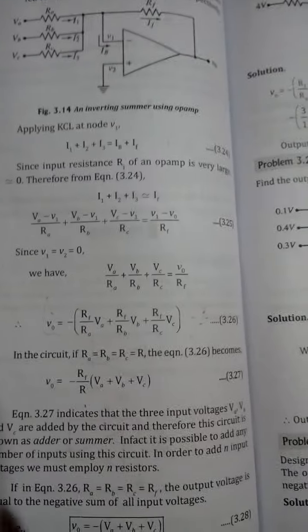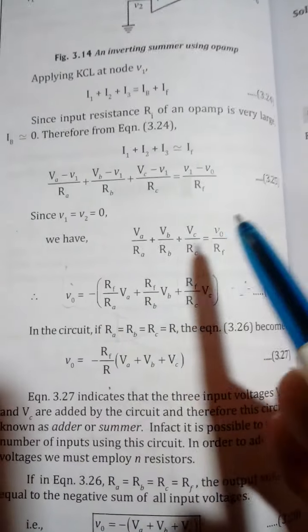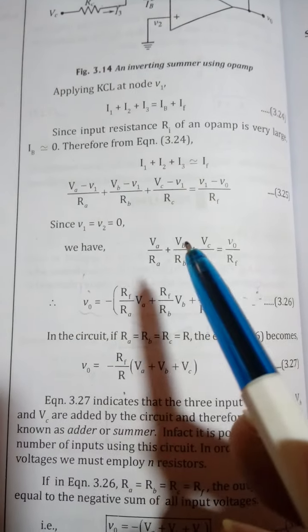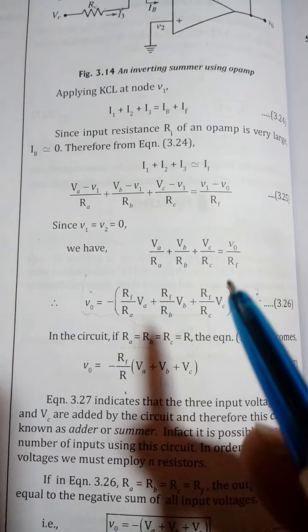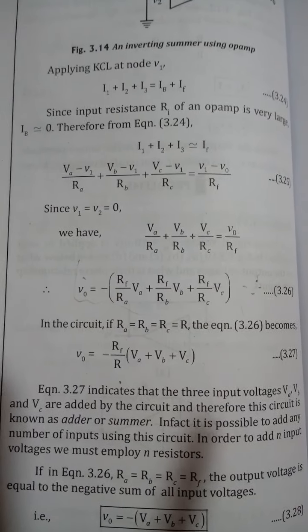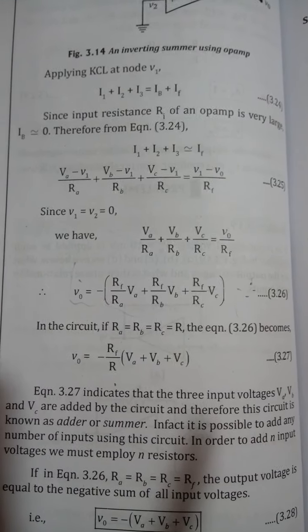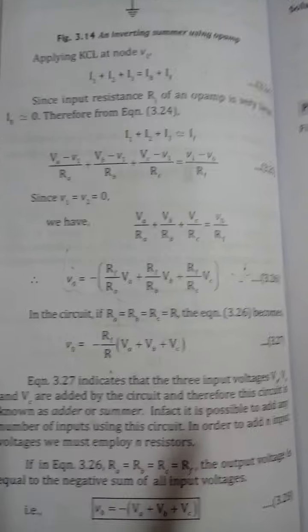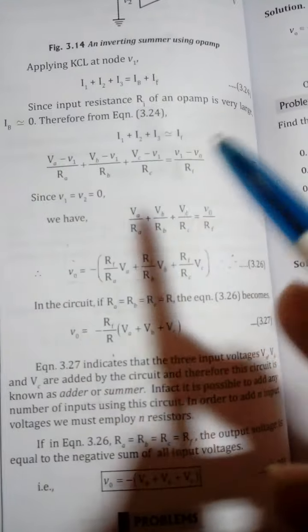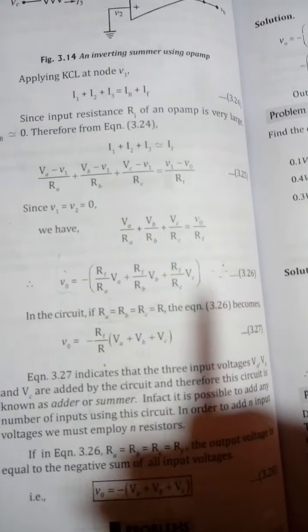So if you cross multiply and solve this equation, you get V0 equal to minus of RF by RA into VA plus RF by RB into VB plus RF by RC into VC. You take it to the RHS and cross multiply.